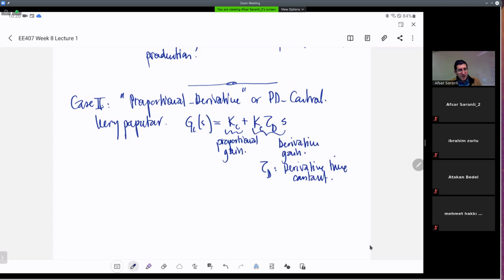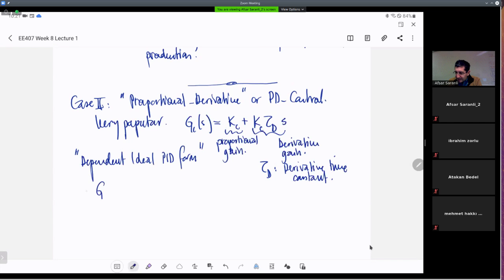Okay, remember we had given this type of controller parameterization a name that was dependent ideal PID form, right? So this is an example of, again, dependent ideal PID form. Now, what does that mean?